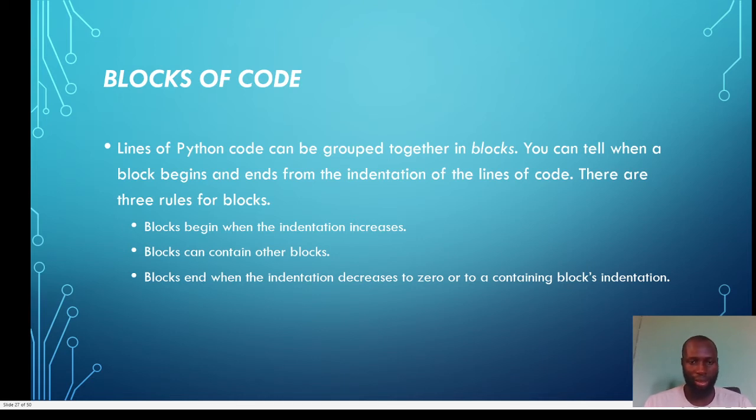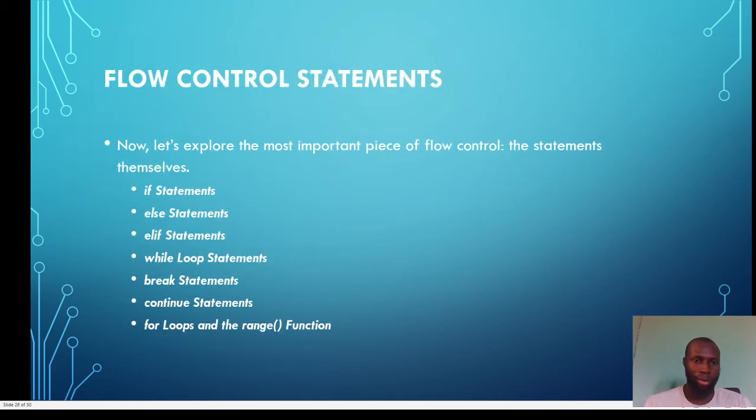Blocks end when the indentation decreases to 0 or to a containing block's indentation. We've got to understand this when we lay our hands on examples. But all we need to understand is that 2 things are very important under flow control: the condition and the blocks of code. So here are the flow control statements that we have.